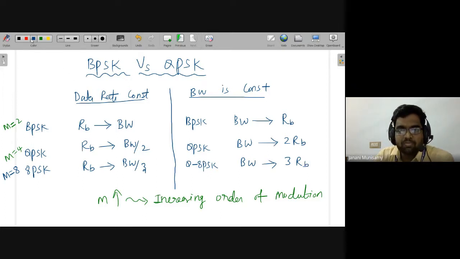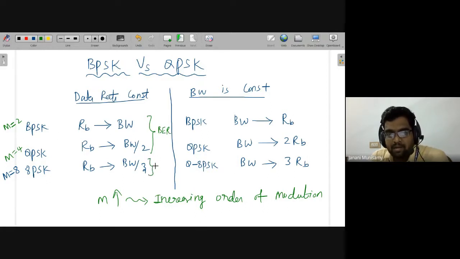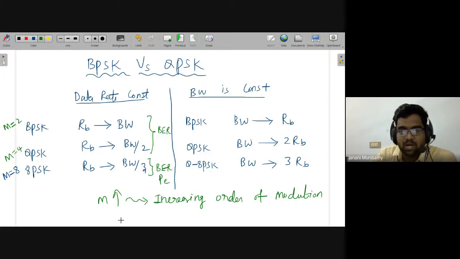So for BPSK and QPSK, the probability of error, the BER, may be the same. But the BER, or probability of error, of 8 PSK is definitely greater than the probability of error of QPSK. So what I'm telling now is, once you go from QPSK to 8 PSK, what is the problem we will be facing?